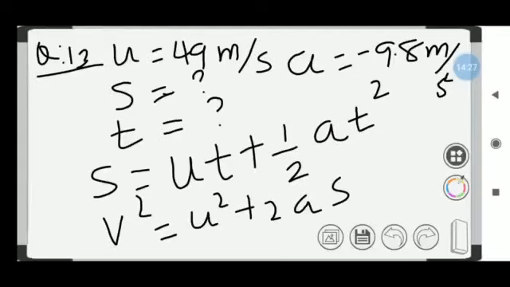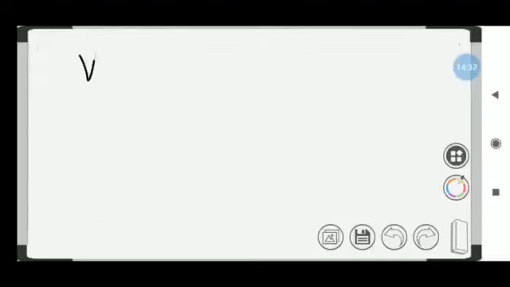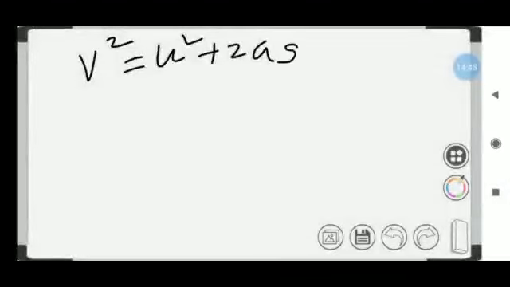So v square equal to u square plus 2as. Initially it is thrown with a velocity of 49 meter per second, that is the initial velocity.